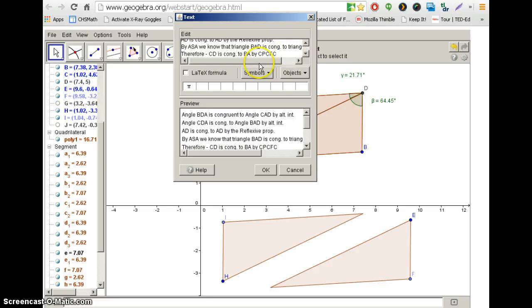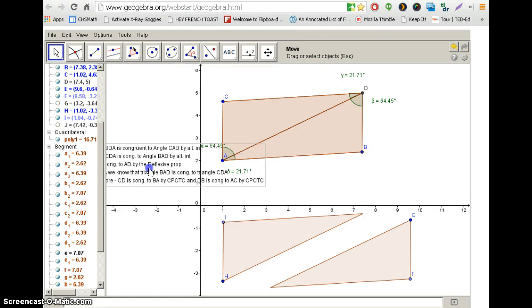Remember, congruent parts of congruent triangles are congruent. These are triangles still, so we can say triangles are congruent, that's fine, but figures works as well. And DB is congruent to AC by CPCTC. So we have really laid it out there. The whole thing is done.